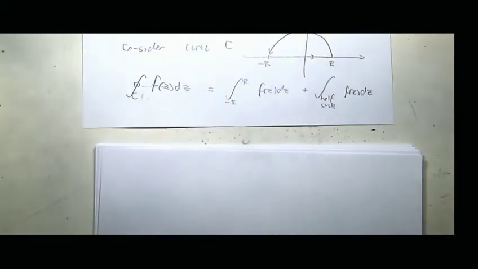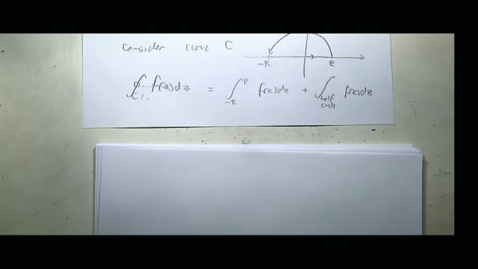But being a closed loop, it will also just be 2 pi I times whatever the residue is. And that's the idea of how we calculate this.